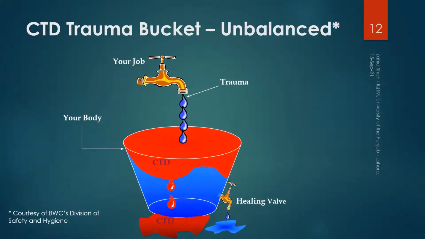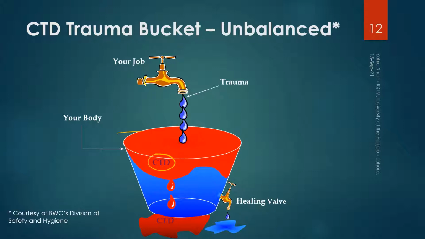But if the healing is not proper, then over a period of time, the CTD or WMSD keeps on developing, and at a certain level, it exceeds the capability of the human body. And this is when the symptoms actually start appearing. Then that disorder is diagnosed and it is called CTD or WMSD.